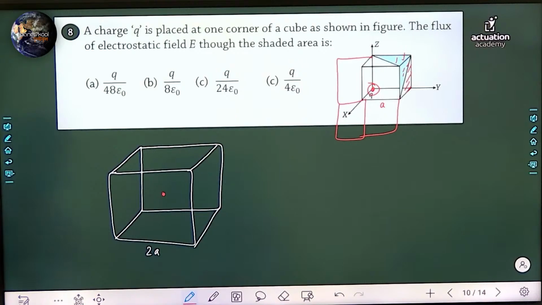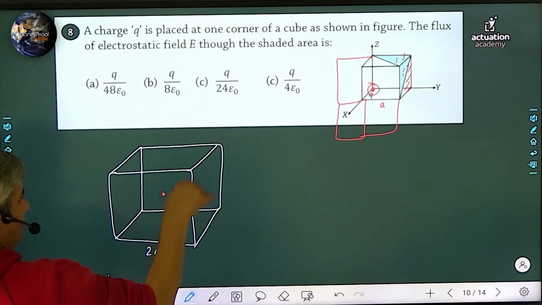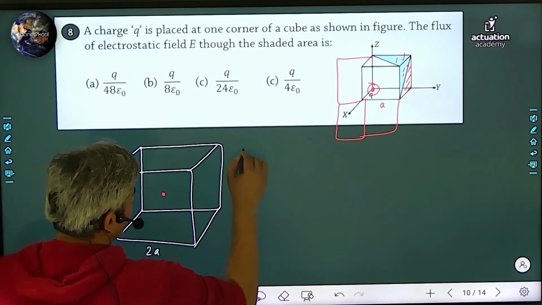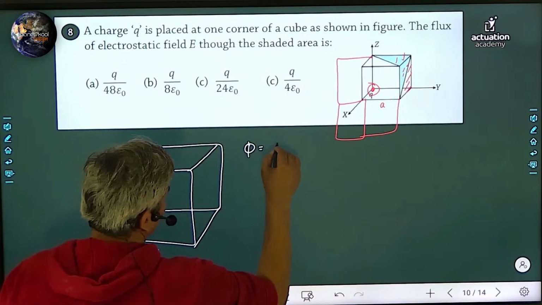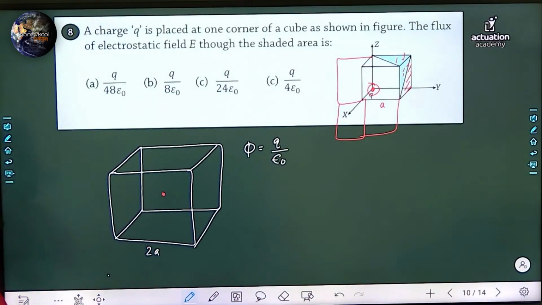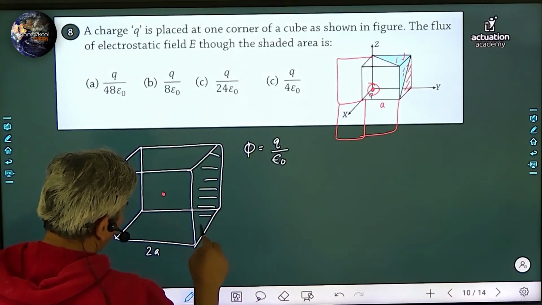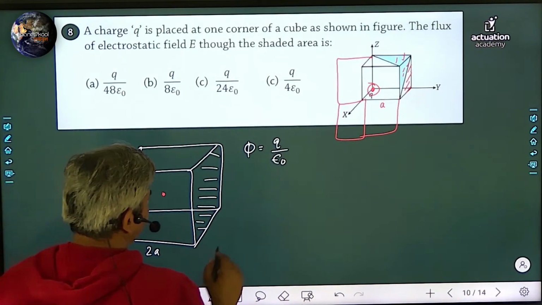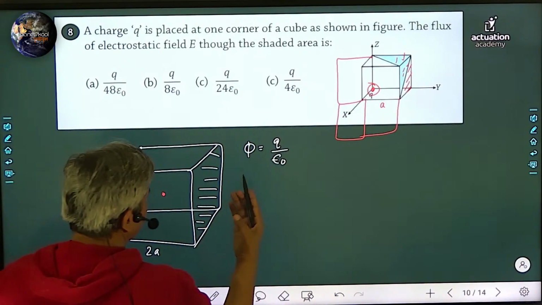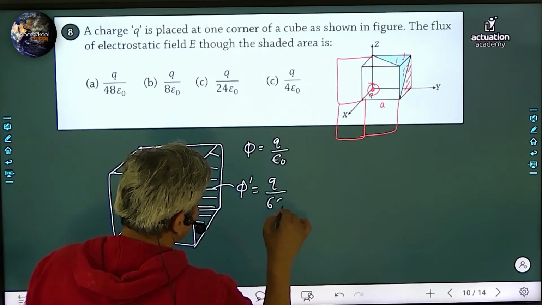And this charge Q will go at the center of this. Now we know, using Gauss law, that the net flux through this cube is phi equal to Q in divided by epsilon naught. Now the flux through one face of this, because there are 6 faces, will be Q by 6 epsilon naught.